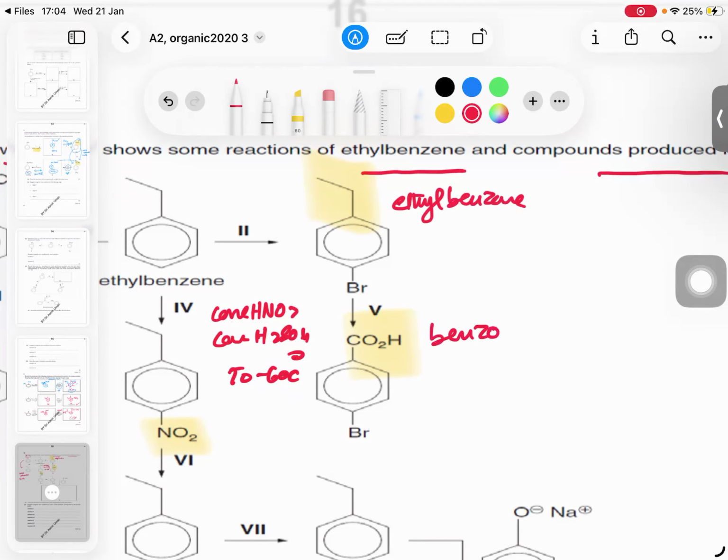So, Aries, what happened? Alkaline KMnO4 followed by acid. Okay, so it's an oxidation. Any acid or any specific? Any acid.